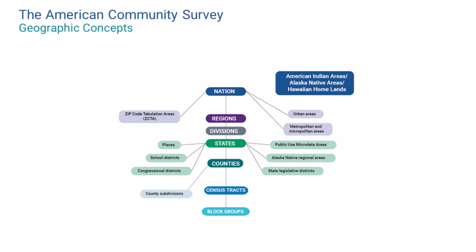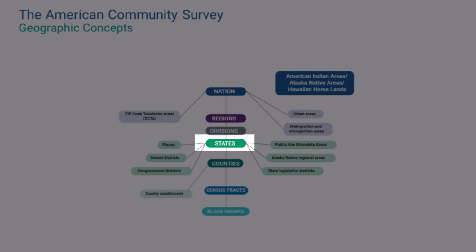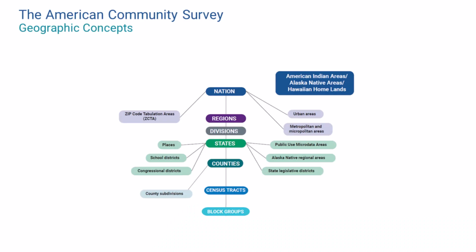The easiest ones to recognize and the most common geographies that people request data for are the nation, states, metropolitan areas, counties, places, which is the census term for cities, zip code tabulation areas, census tracts, and block groups. You can find the definitions for all geographic areas in the Geographic Areas Reference Manual or in the Geography Glossary. Links to these sites are found in the resources section below this video.